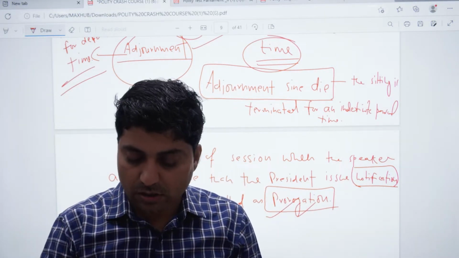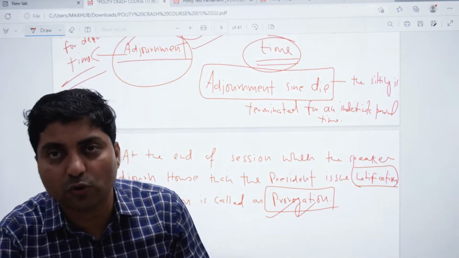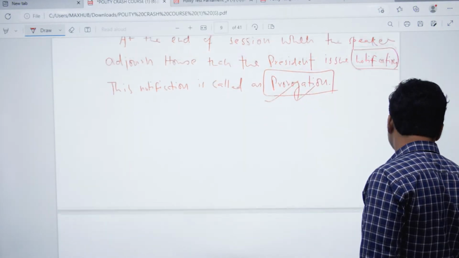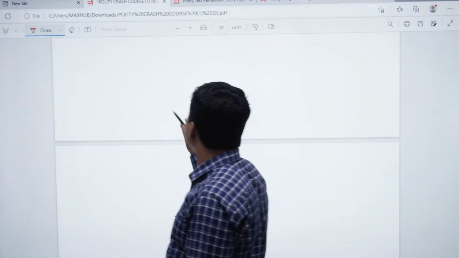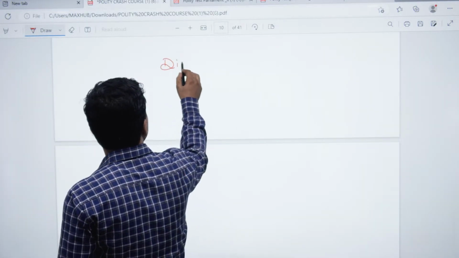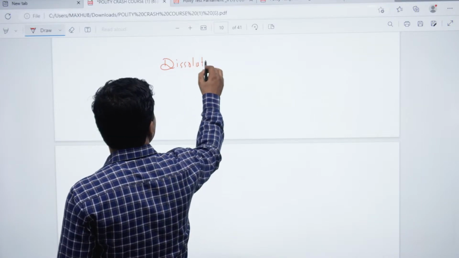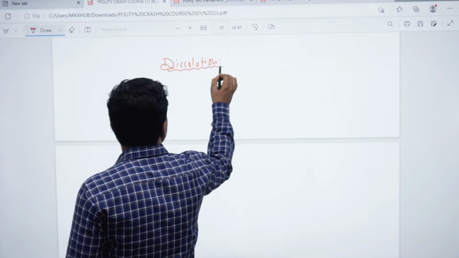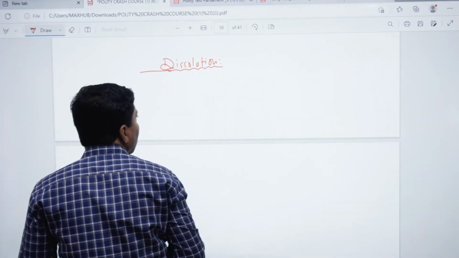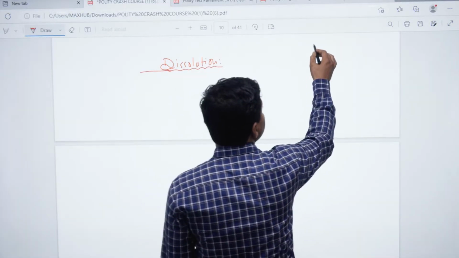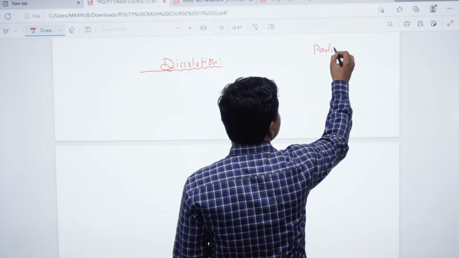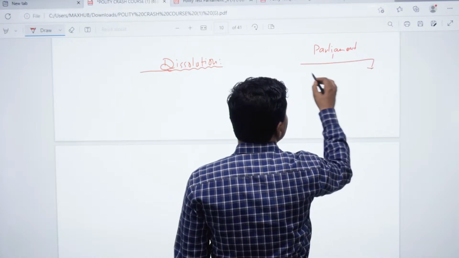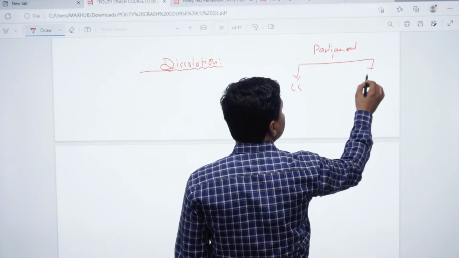Prorogation. Now there is one term called dissolution. What do you mean by dissolution? If you look at Parliament, there is a Rajya Sabha and a Lok Sabha.